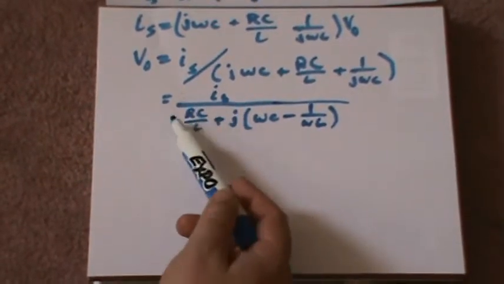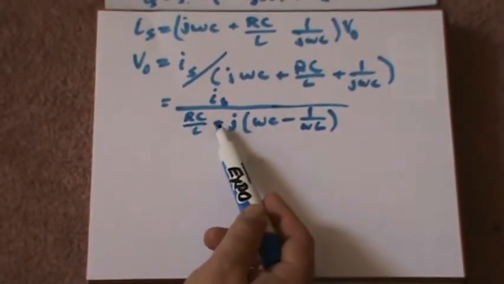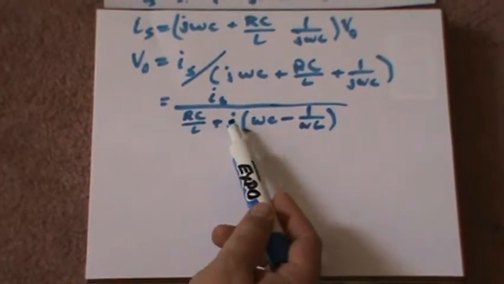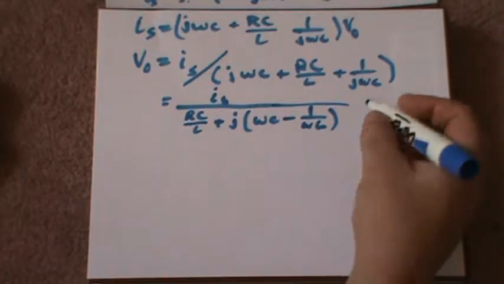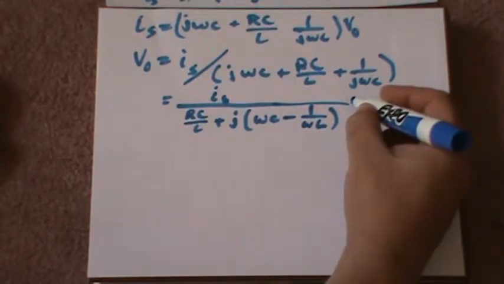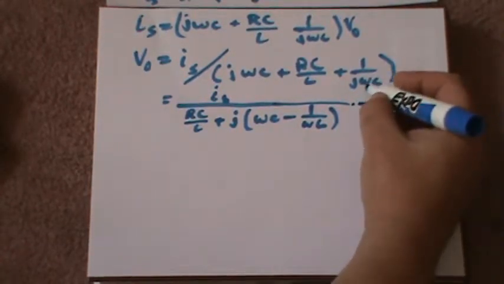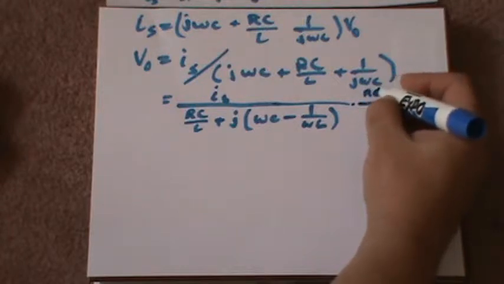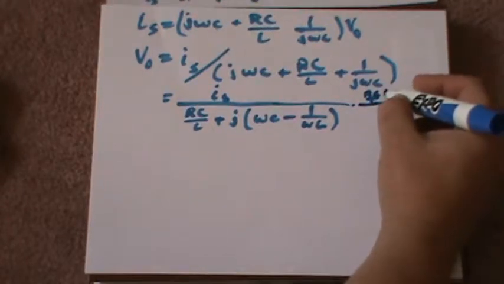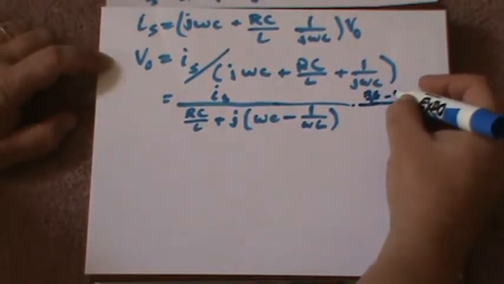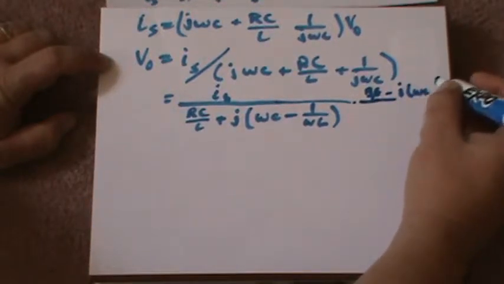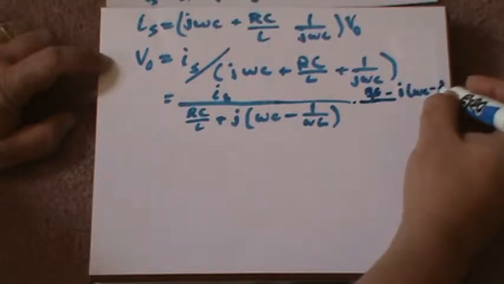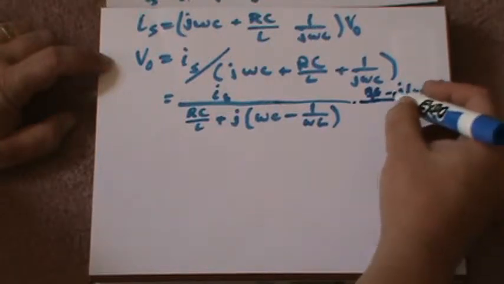Complex conjugate is I leave the real part alone and I just negate the imaginary part. And so therefore I'm going to multiply top and bottom. This is that old multiply by 1 trick. So I'm going to multiply top and bottom by RC over L minus j times omega C minus 1 over omega L. I hope this is readable.